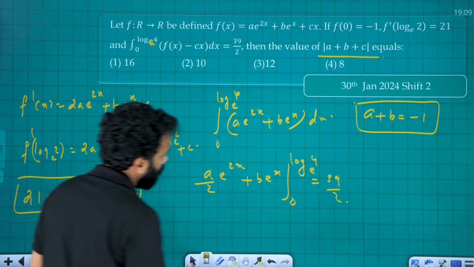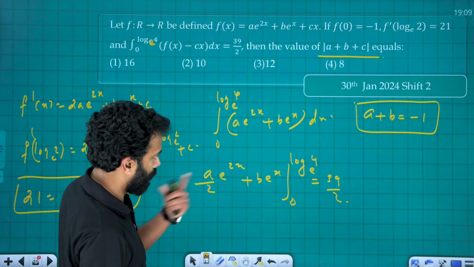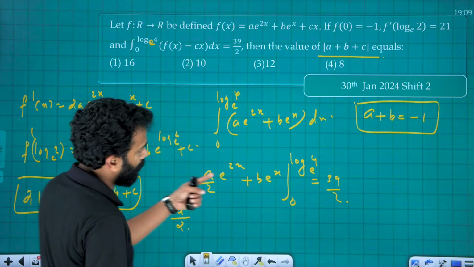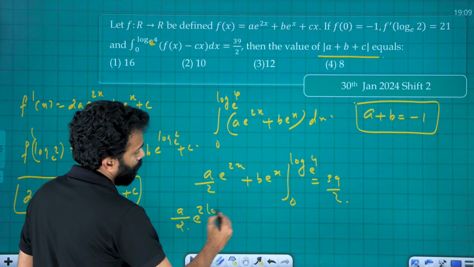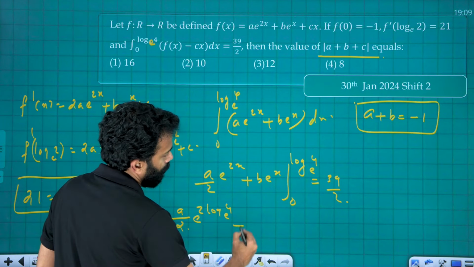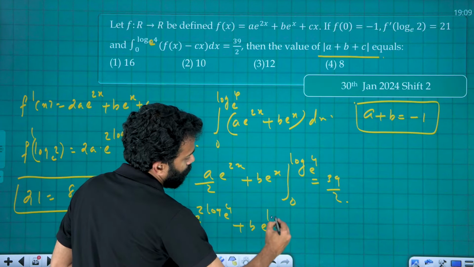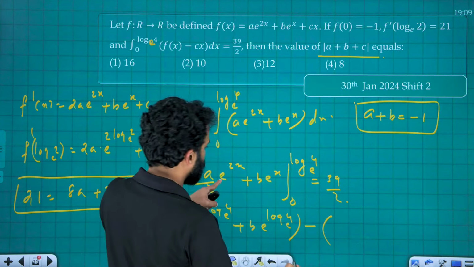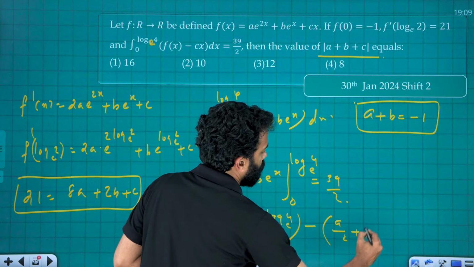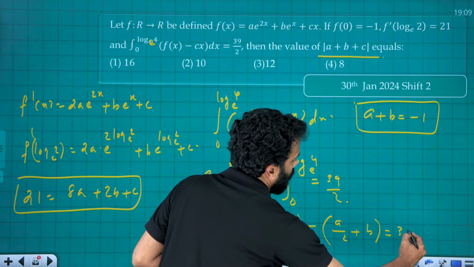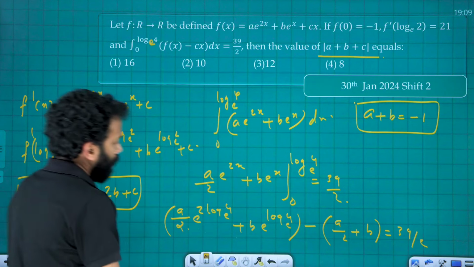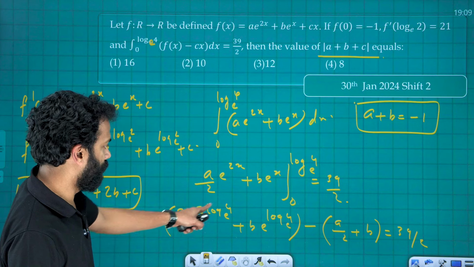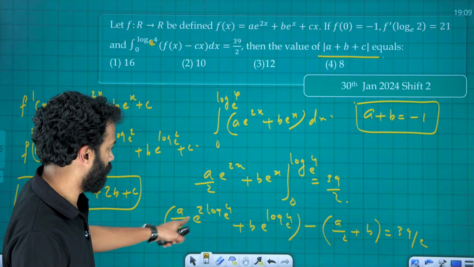39 by 2. Therefore, apply the limits over here. You will get a by 2 into e raised to 2 log 4 to the base e plus b into e raised to log 4 to the base e, minus a by 2 plus b, which is equal to 39 by 2. This will be 16, and 16 into a by 2 is 8a.